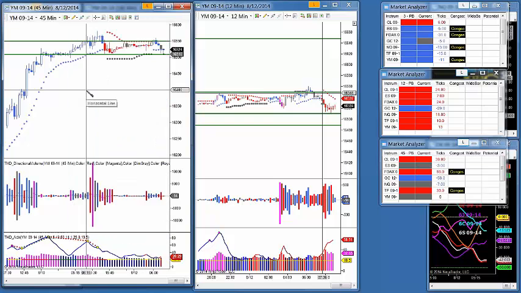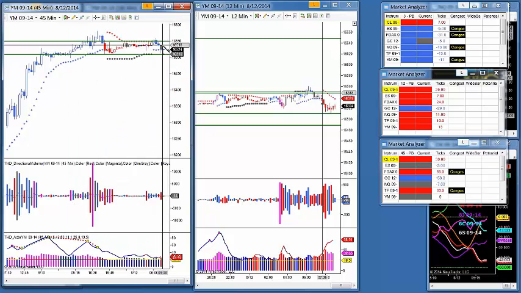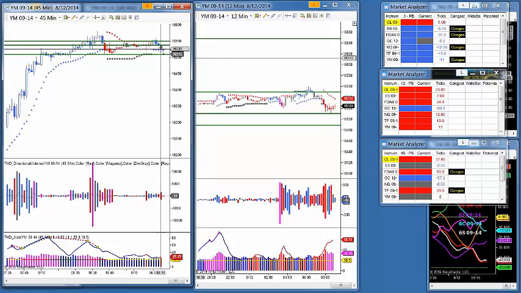So this is sort of a reverse of what we normally do. Okay? So if you enter this, how much profit potential do you have before you get to an area that it's going to test? 10 ticks? Now, that would be your potential profit right now is 10 ticks.